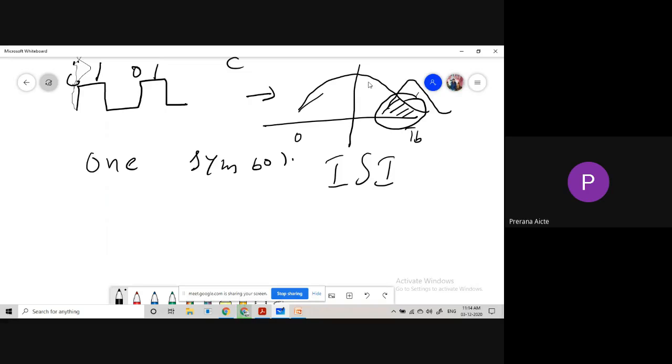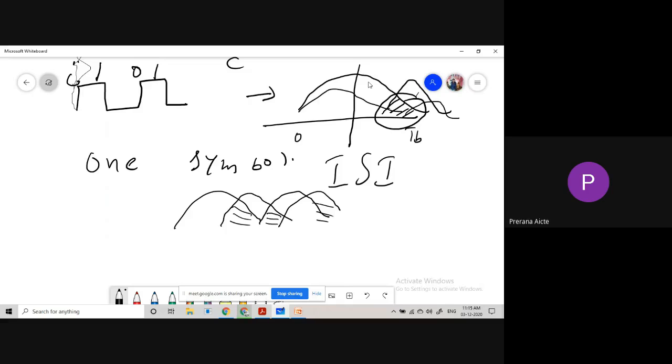See here, this is one bit duration. After this, we are going to get another signal, but without completing this one, it comes here. We call all this intersymbol interference: pulse spreading beyond its allocated time interval, which causes interference with the neighboring pulses.